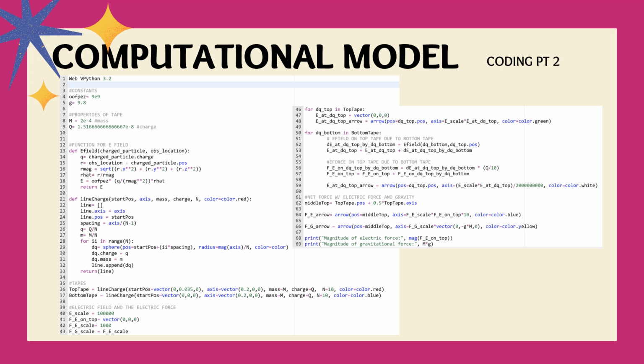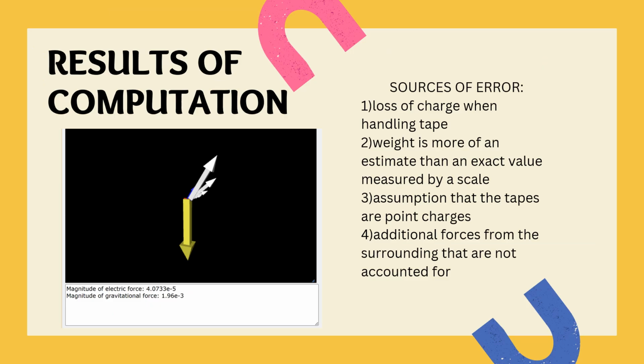At the end of all of this, the code prints the magnitude of the electric force and the magnitude of the gravitational force. Again, all of this is just plugging in equations and rearranging variables, and some lines of code were used to visually represent the electric force and electric field in vector form through arrows. See here we have the arrow vectors showing the electric force and the gravitational force.